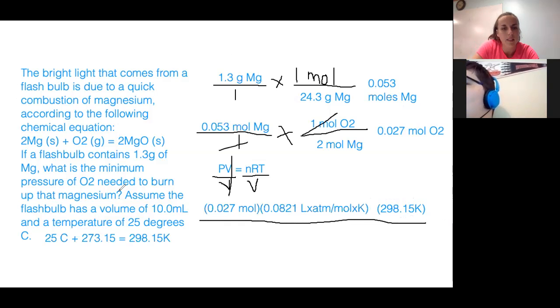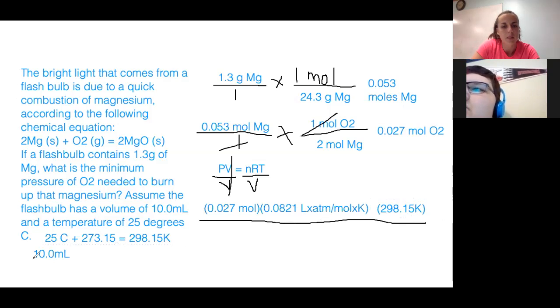And they give it to me in milliliters, but you'll notice for your R constant, the unit here is liters, so I am going to have to convert that one as well. So I'm going to go 10 milliliters to liters. So we can do it with a conversion factor if you so desire, or you can do it in your head, as I'm sure you will.